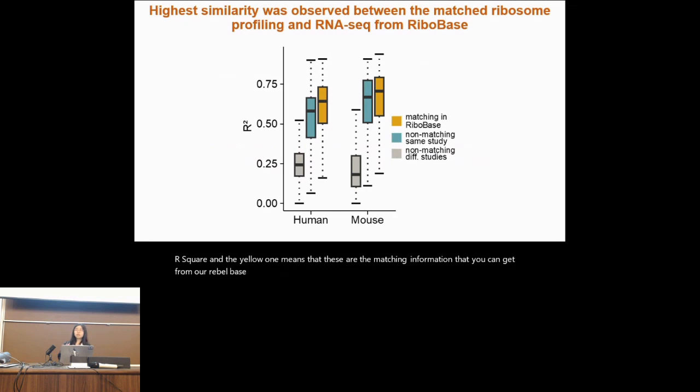We also did random matching between ribosome profiling data and RNA-seq data from the same study in GEO, and you can clearly see that we have a higher R squared than the random matching from the same study. The gray boxes indicate random matching between ribosome profiling and RNA-seq from other studies. In this way, you can see that the matching score is quite low.